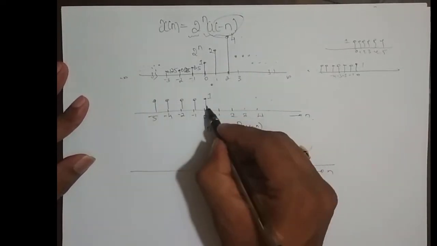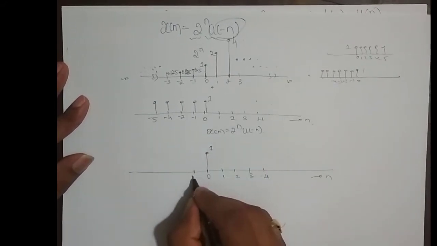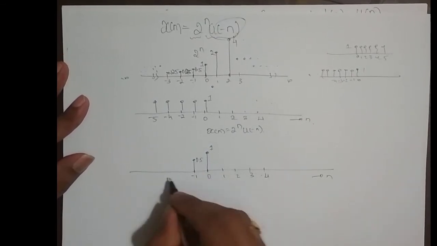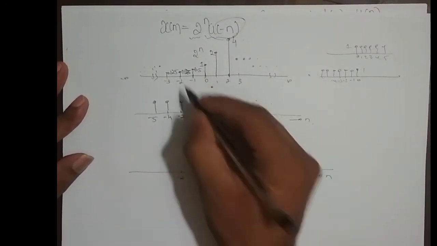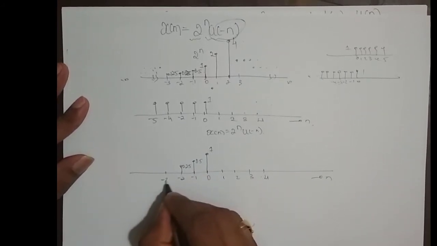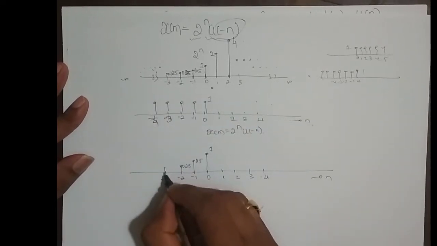At n equals 0 it is 1, at n equals minus 1 it is 0.5, at n equals minus 2 it is 0.25, at minus 3 it is 0.125, and this goes till minus infinity, right?